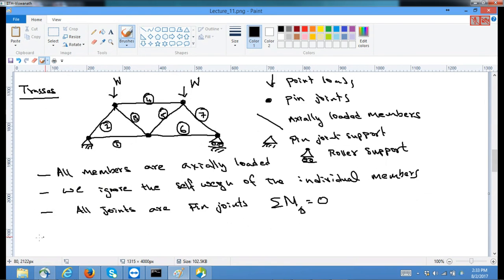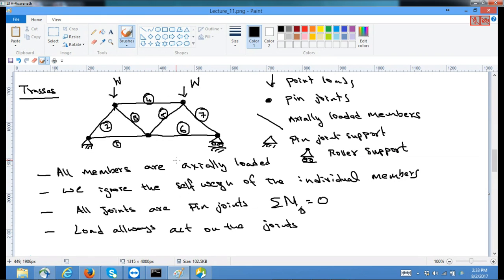This is one thing. Loads always act on the joints. Even if you have a uniformly distributed load, we split and distribute it to the joints, equally or depending upon the ratios, into point loads.